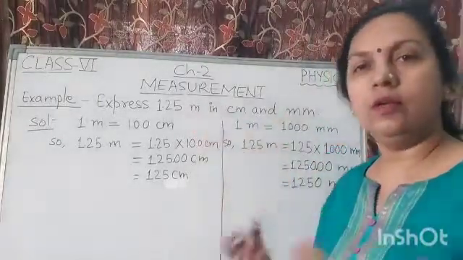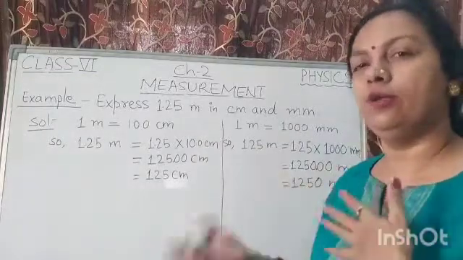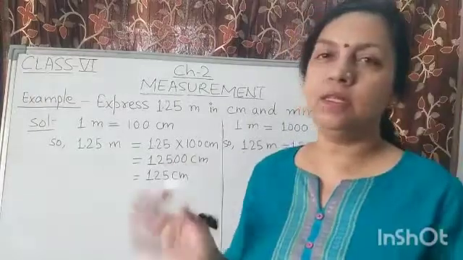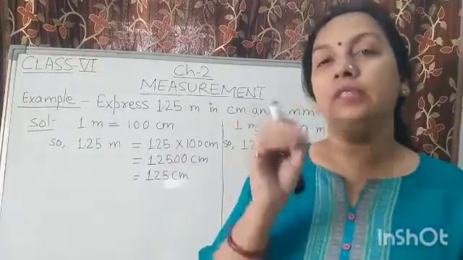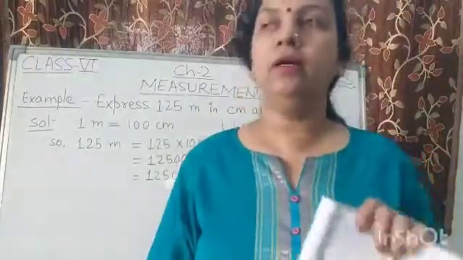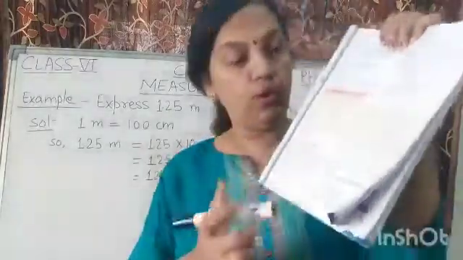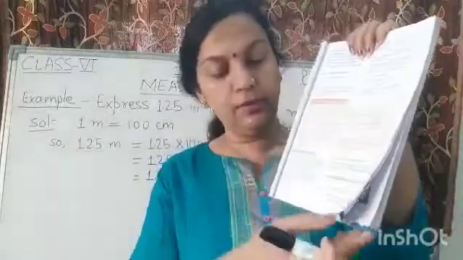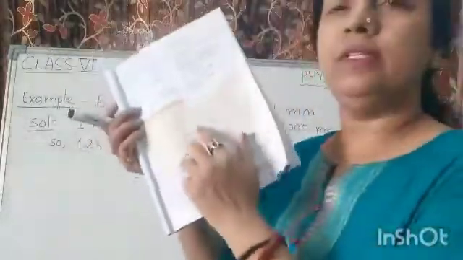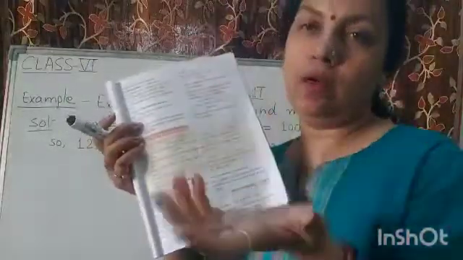You can convert meter into kilometer, hectometer, centimeter, decameter, any other. I hope this is clear to you, and to check your understanding, for more practice, you can solve the short exercise given on page number 25 in your physics book, and you can check how much you understand.